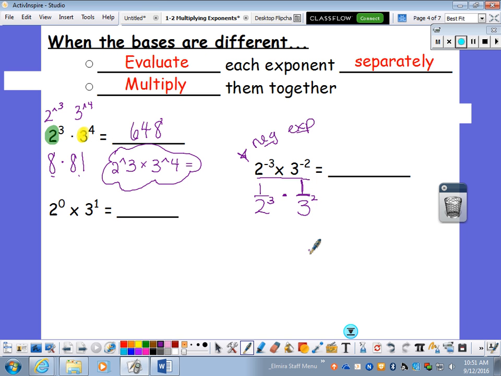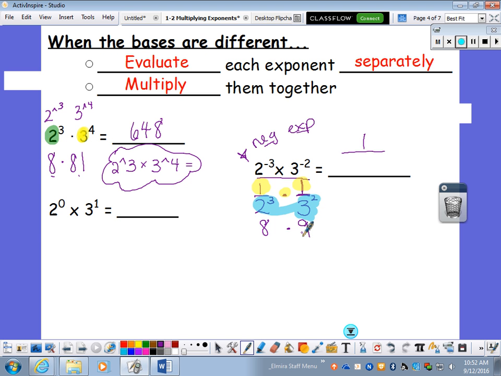Okay, and then we're going to treat this like multiply fractions. 1 times 1 is 1. That's not so bad. And then this bottom part, okay, you can evaluate this separately. 2 to the third power is 8. 3 squared is 9.